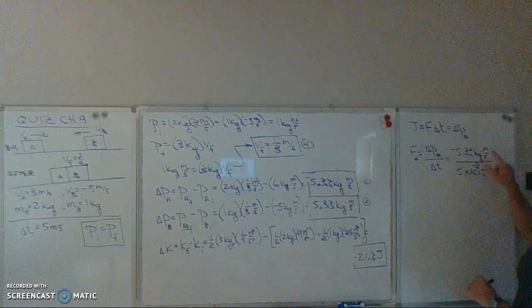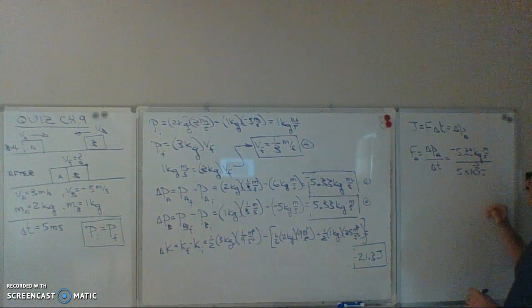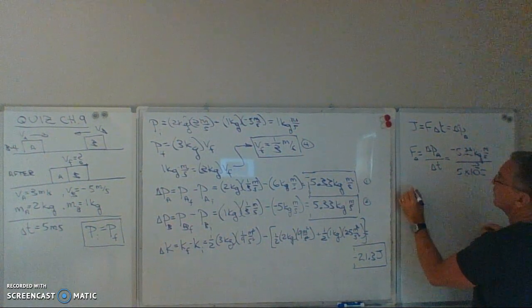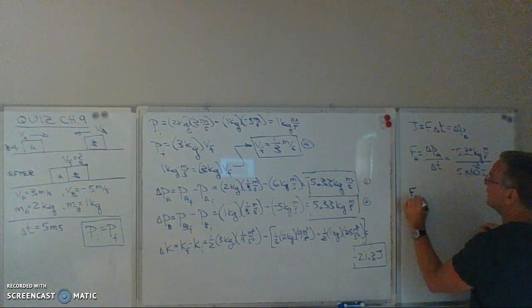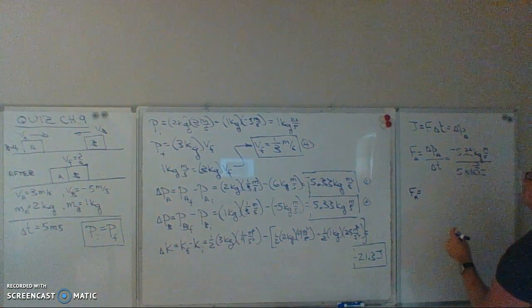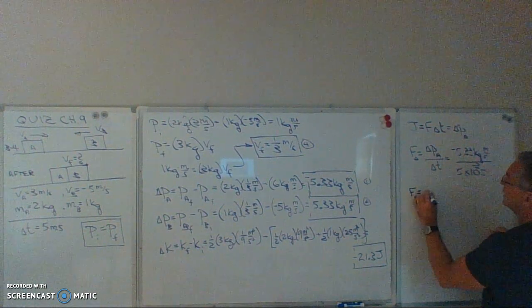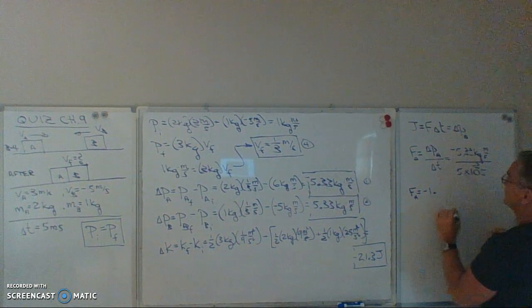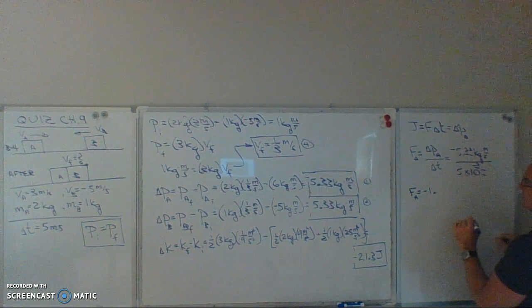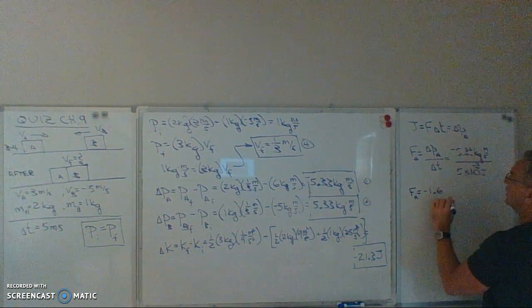Now, a kilogram meter per second squared is a Newton, which is exactly what we wanted. So FA, the force exerted on A during the collision, should be equal to 5.33 divided by 5 would be negative 1.6, call it.